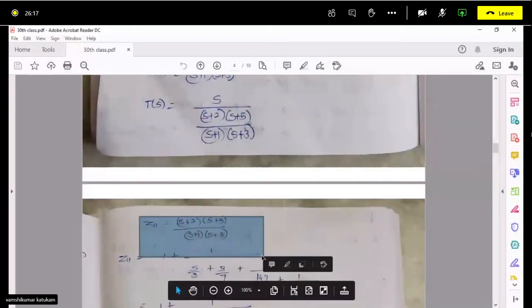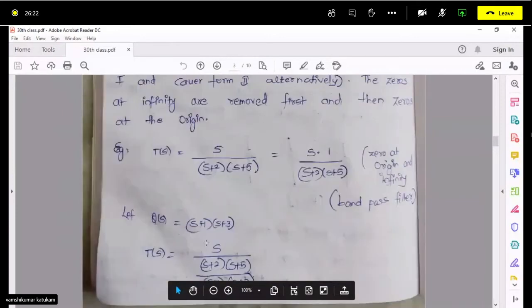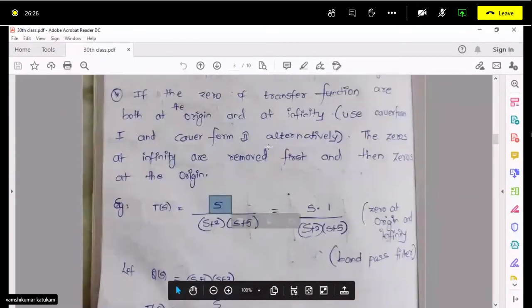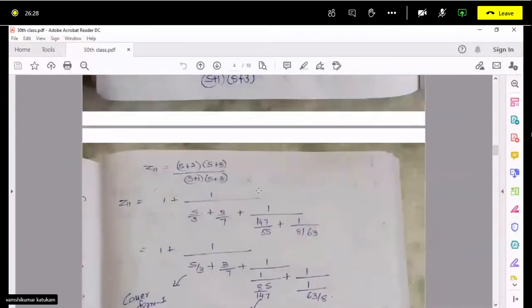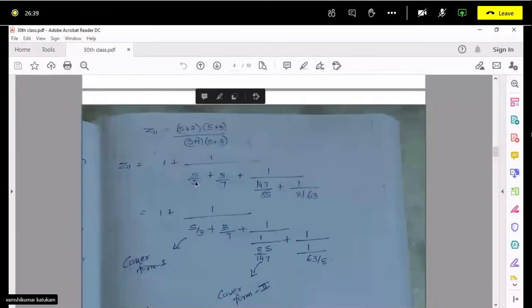The difference is that now we are writing alternatively. As we have s, we are writing Cauer form 1 and Cauer form 2. If you remember, in Cauer form 1 you will have s, and in Cauer form 2 you will have 1 by s, so you are writing alternatively.